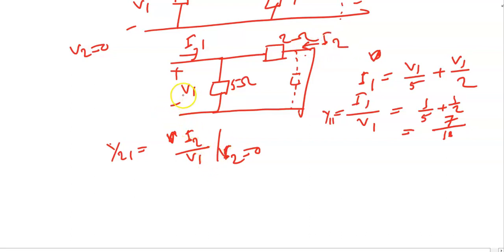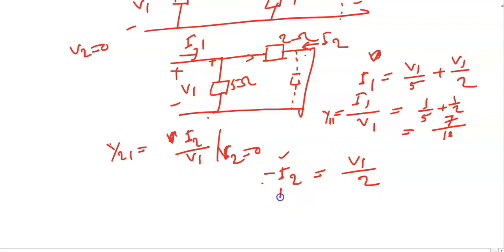So if you know the simple Ohm's law, you can say that for this circuit, minus I2 is equal to V1 upon 2. Whatever the voltage and the current, the actual current will flow in this direction, but as per the convention, our I2 flows into the port, so that's why I have included a negative sign, and this current will be V1 upon 2.